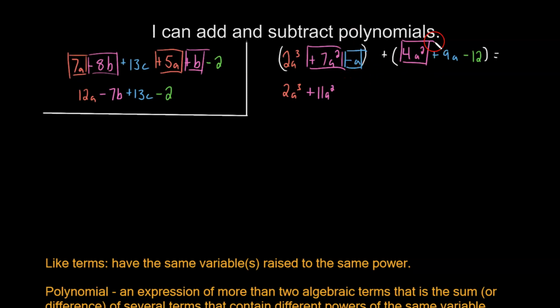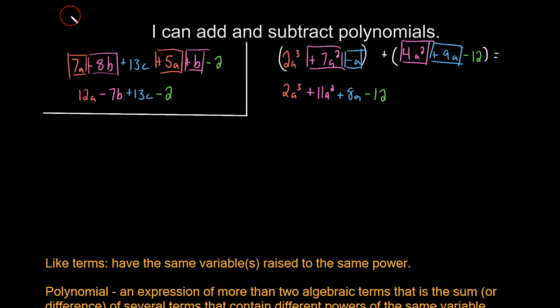So we have negative a plus 9a. And what's negative 1 plus 9? Well, it's positive 8. So we write plus 8a right there. And we only have one constant in both of these polynomials, that is minus 12. So we'd bring down this minus 12. And this right here would be our final answer. So we get 2a cubed plus 11a squared plus 8a minus 12.